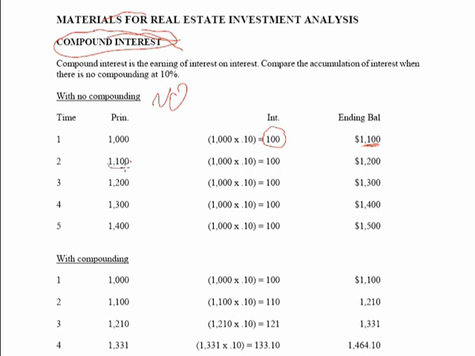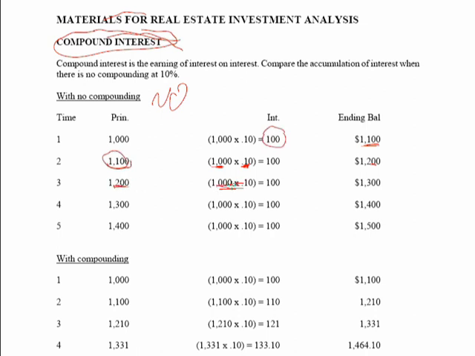Now, our new balance for the next period is $1,100. But if we're only calculating interest on our principal, not our principal plus our compound interest, we still just make $100 for that period because it's still 10% of the original $1,000. And at the end of the period, we have $1,200. Then for the next period, we start out with a beginning balance of $1,200.